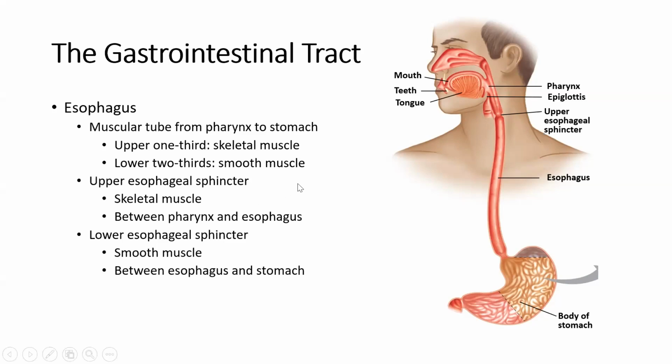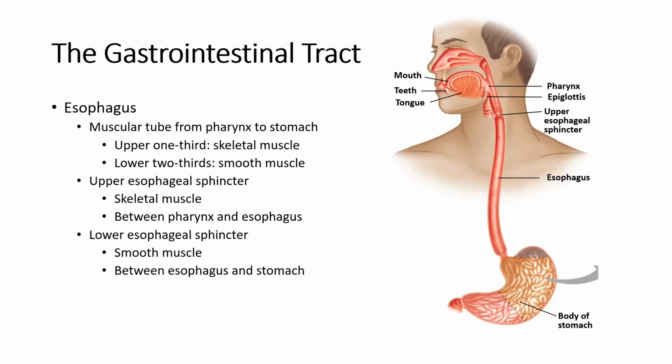The lower 2/3 of the esophagus is smooth muscle. So we do not have voluntary control over this part of the esophagus, as well as the lower esophageal sphincter. Again, there's another sphincter in between the end of the esophagus and the opening into the stomach that is made of smooth muscle that regulates the emptying of the esophagus into the stomach.